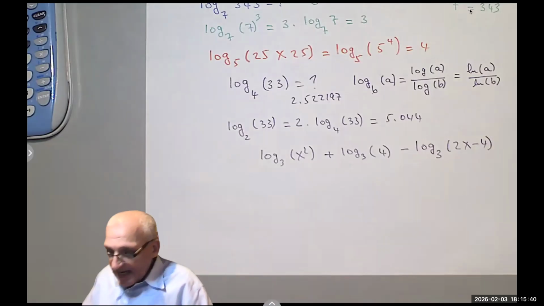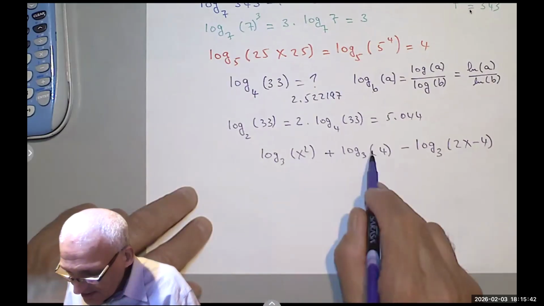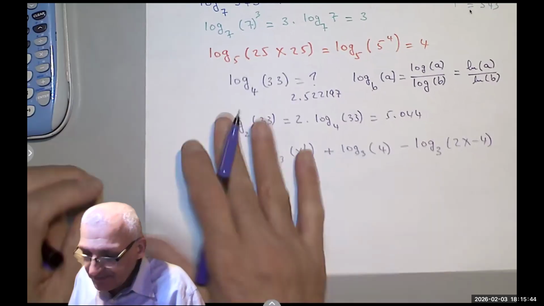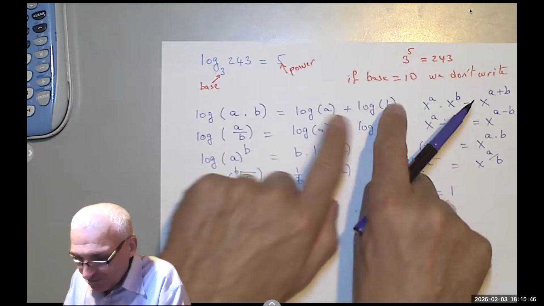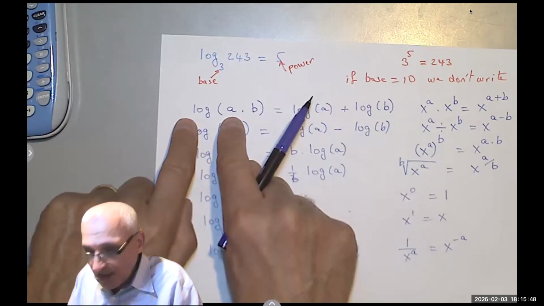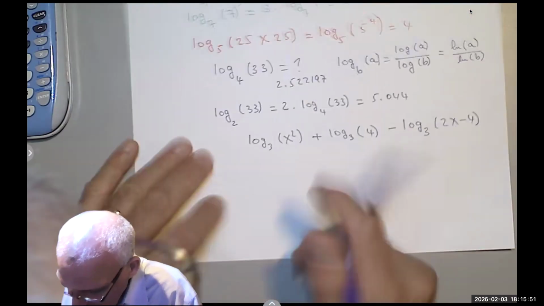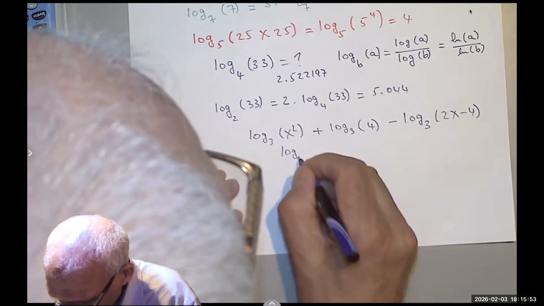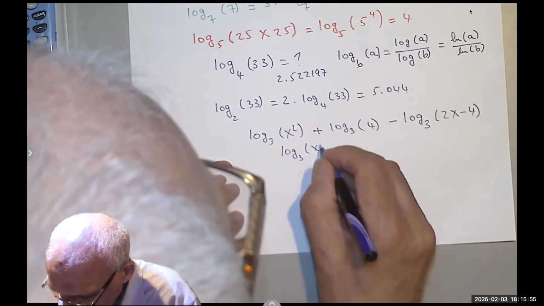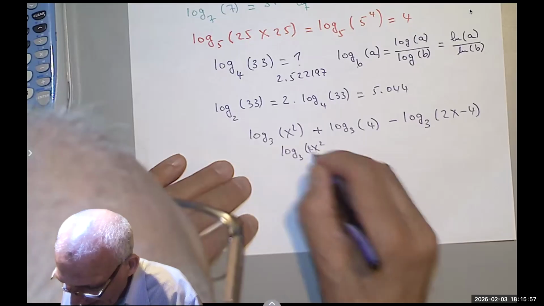I know that when I add two things, it means I'm multiplying. You see, I go from left to right. So these two would be log to the base 3 of x squared times 4, 4x squared.